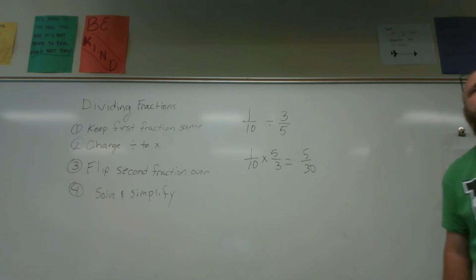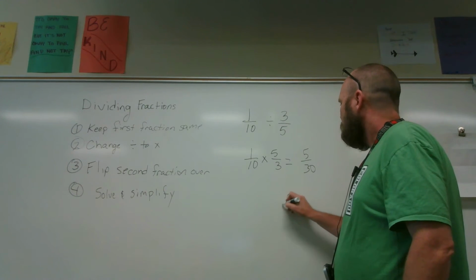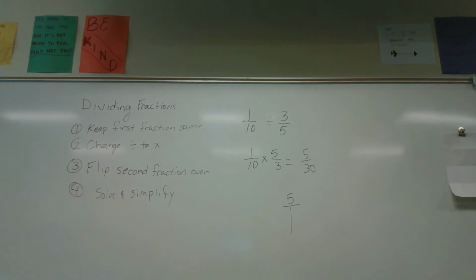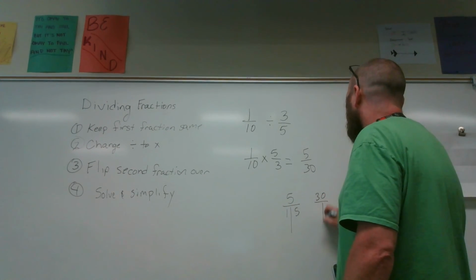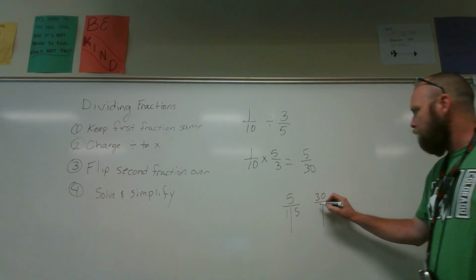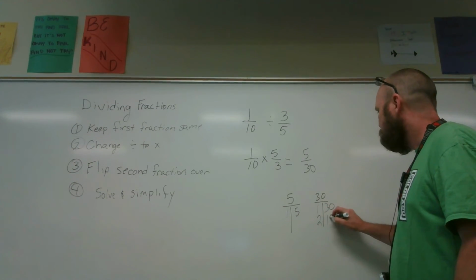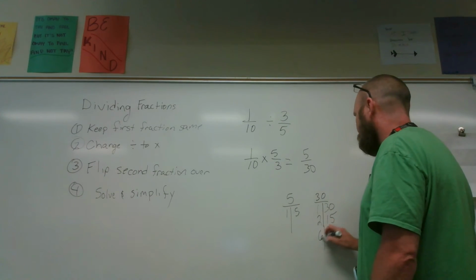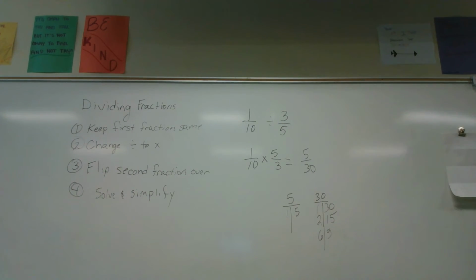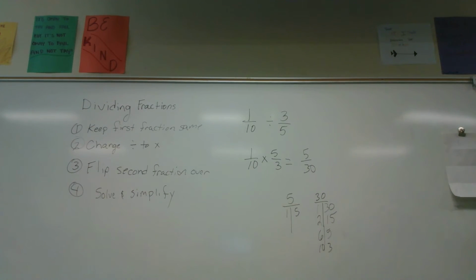Let's look at our factors, Kyle. What are our factors of 5? 1 and 5. What are our factors of 30? 1 and 30, 2 and 15, 3 and 10, 5 and 6. So Kyle, what's my greatest common factor?